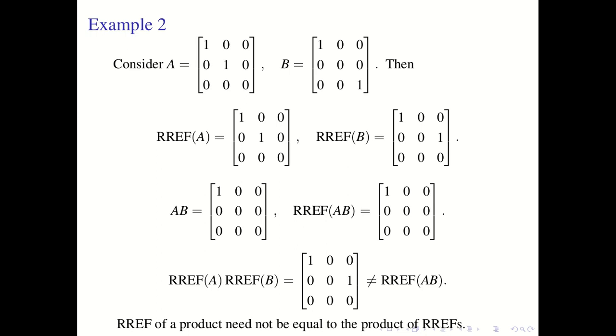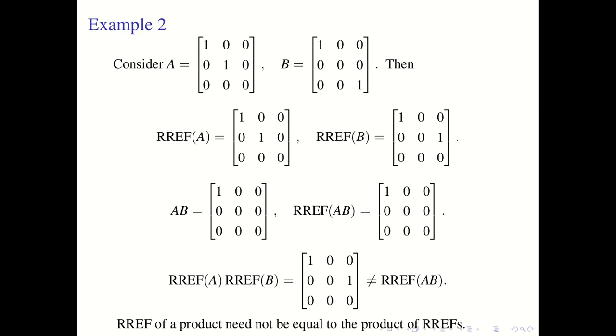We have a very simple example. A is the matrix with rows 1 0 0, 0 1 0, 0 0 0, and B is the matrix with rows 1 0 0, 0 0 0 and 0 1 0. The row reduced echelon form of A is itself. The row reduced echelon form of B is obtained by exchanging the second and third rows.